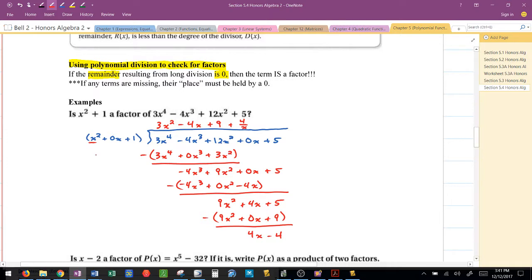Well, 4 over x times x squared, that's going to give me 4x. And 4 over x times 1 would give me plus 4 over x. So now I'm starting to get into this realm of confusion. Remember what the original question was. Is this a factor? I know right now it is not a factor.